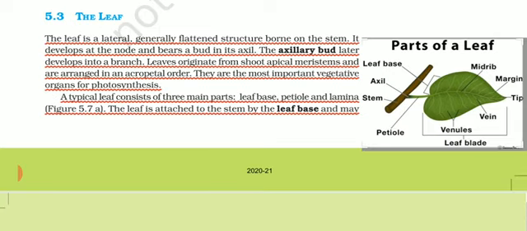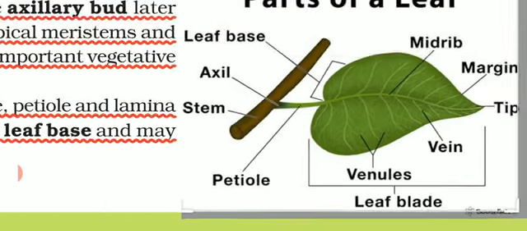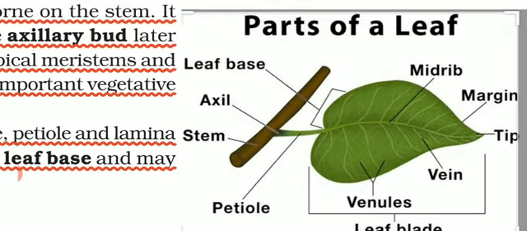If you look at this structure, parts of a leaf, you can see the first part, that is the stem. Leaves are attached to the stem. The stem is attached to the leaf with the help of the petiole. Suppose I say pluck a leaf: you will hold the leaf from the petiole only.